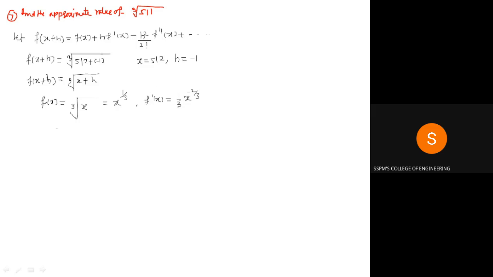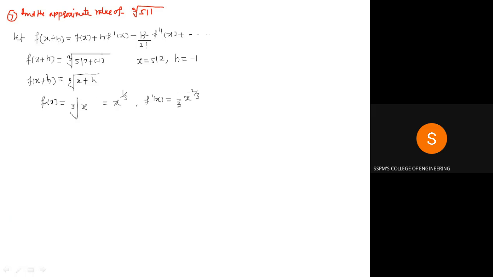यहाँ पे बोलो f of x. सो x की वैल्यू 512 होती है तो x की जगह 512 लिखना है और h की जगह -1 लिखना है, तो f of (x plus h) मिलेगा. Okay.